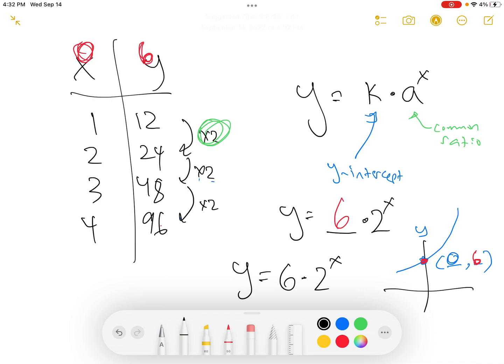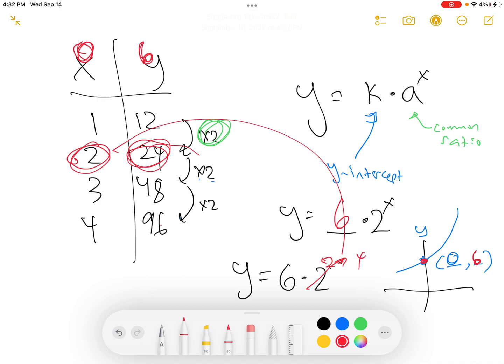But don't relax too much. Let's plug a number in and see what happens. Let's just pick 2 at random. If I plug a 2 in, I get 2 to the second, which is 4. 6 times 4 is 24, and that's what I got. So 2 as an input gives me 24 as an output.